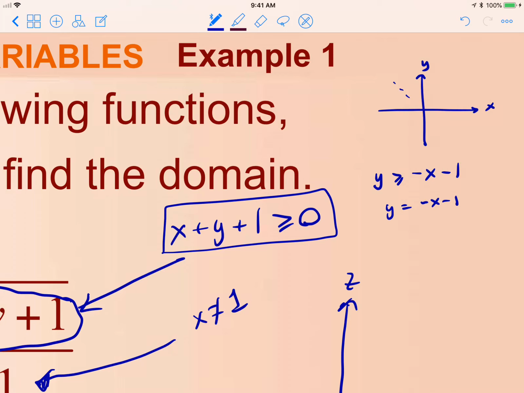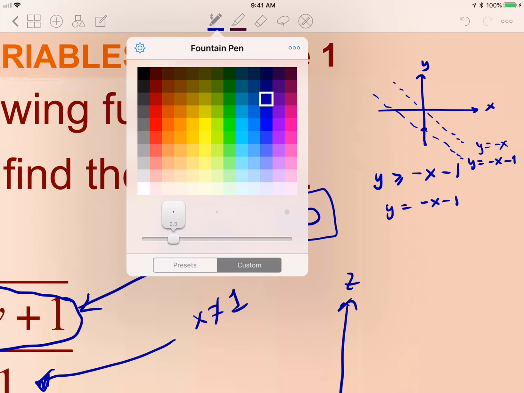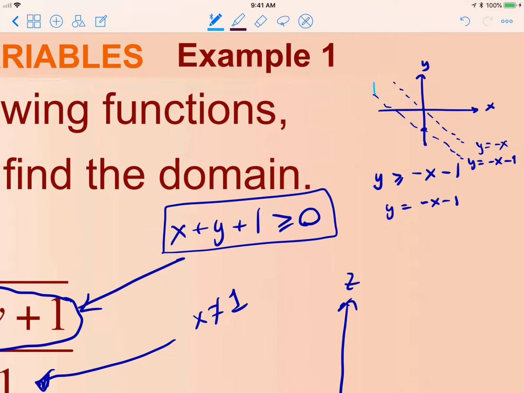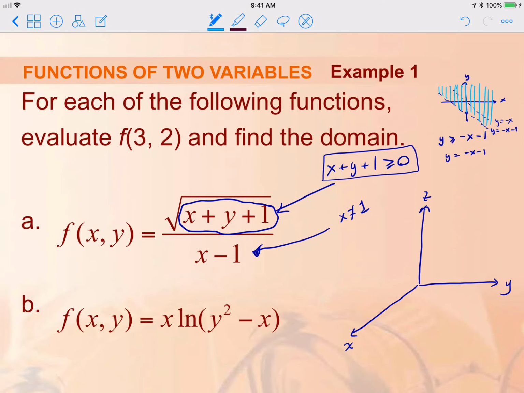Now, if here's y equals negative x, and now I can drop it down by 1 unit. So this is y equals negative x minus 1. So then y is greater than negative x minus 1 would be all of the values above this line.